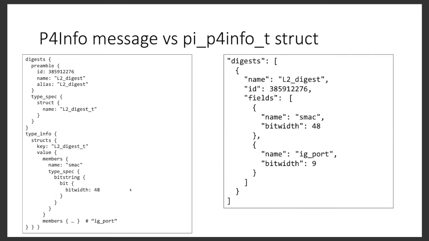Some loss of information here, because you can see that in P4Info, we preserve all the information about the P4 type. So here you know that the message you're learning is a struct of type L2_digest_t with the following fields. In the case of the pi_p4info C struct, basically everything is going to be flattened, and that also corresponds to the packed representation of the message you're going to be learning in BMV2.